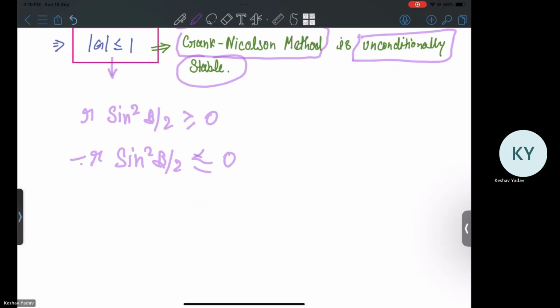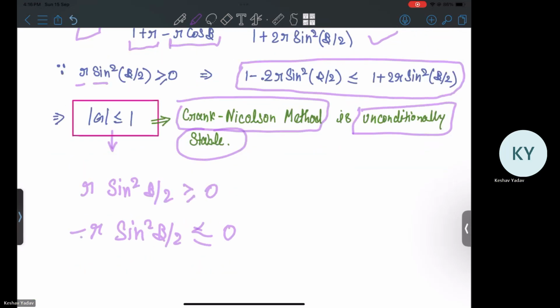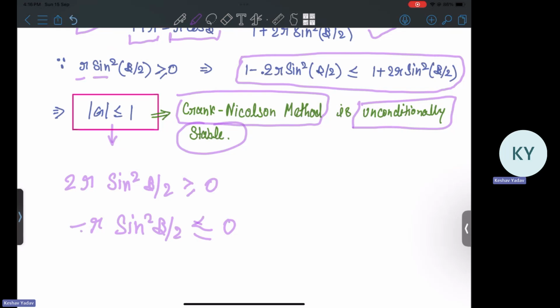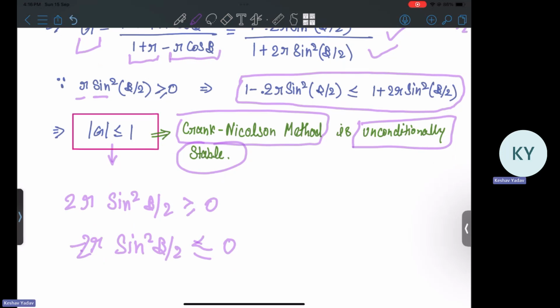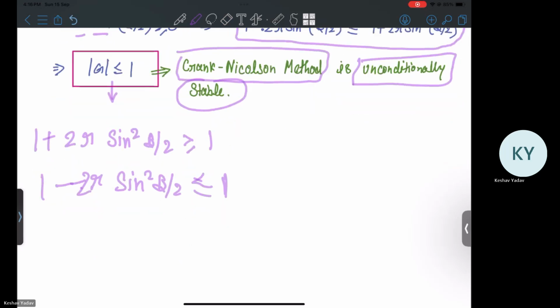Now we multiply both sides by 2. Okay, so this can be said. Now you add 1 on both sides. So this term will be what? Less than 1, and this term is what?